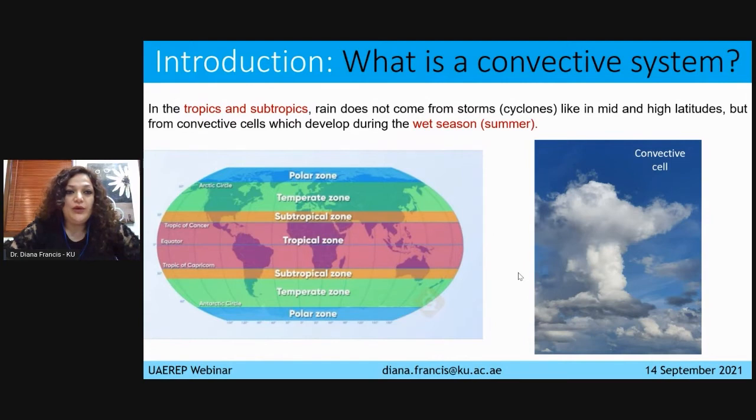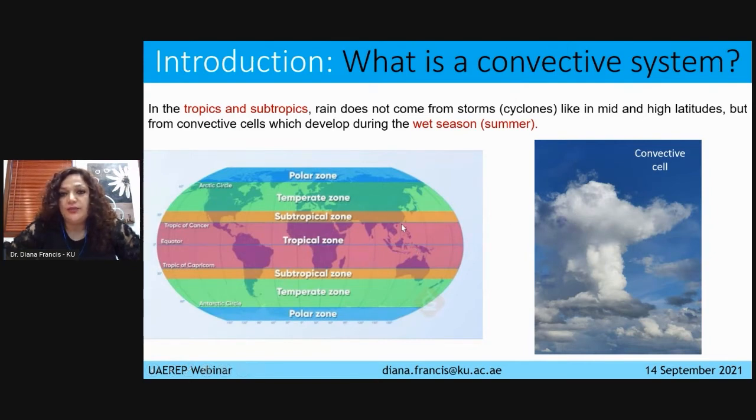As many of you may know, in the tropics and subtropics, these red band and yellow band here on the globe, rain does not come from storms as we know them in the mid and higher latitudes, normally with associated cyclones, but it comes from convective cells, which develop during the wet season. This kind of cell is the main feature that brings rain to these regions.